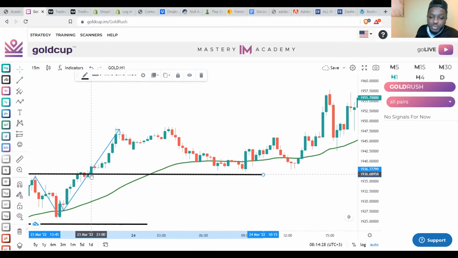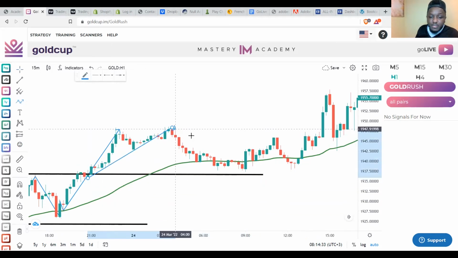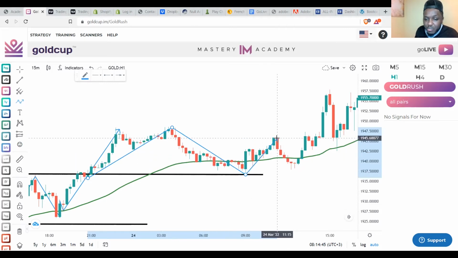So you can already see what's happening. Market kept buying, came back to our support now, okay? Went above the 50. I mean, there's a couple of, we could have called this short buy, but that's not a big enough move for us, right?